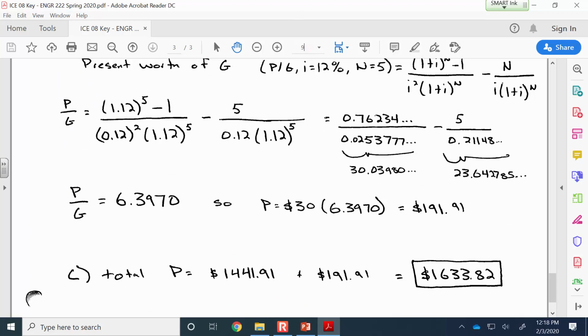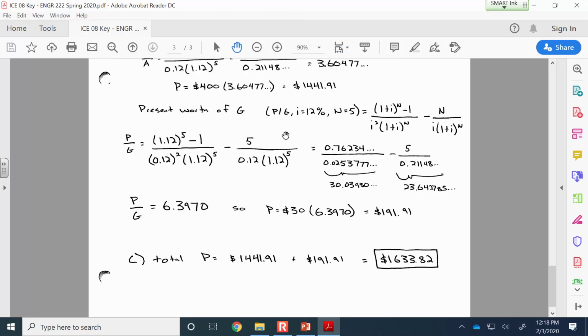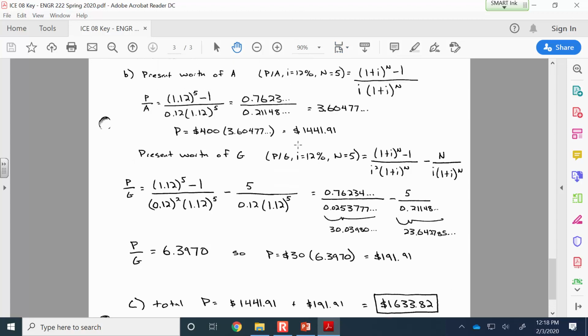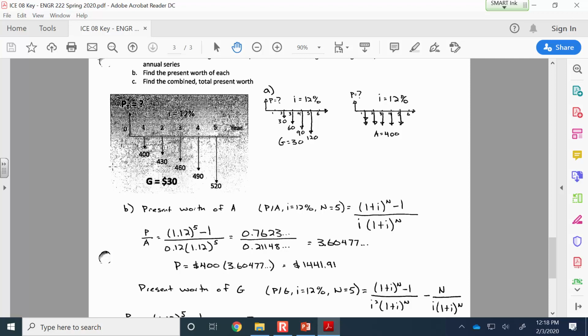Let me zoom out so we can see it all at once. All right. Seems weird, but it'll come second nature for you. And it'll start to get even more tricky, where this time n was the same for the gradient and the annual series, but I could have made it so that it was 400 for several years and then the gradient kicked in.